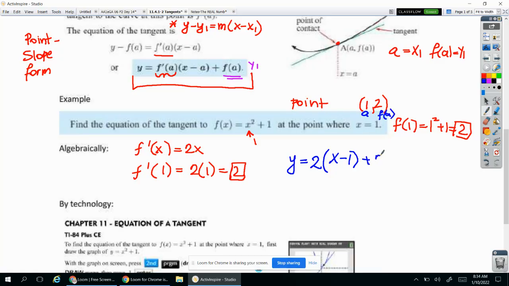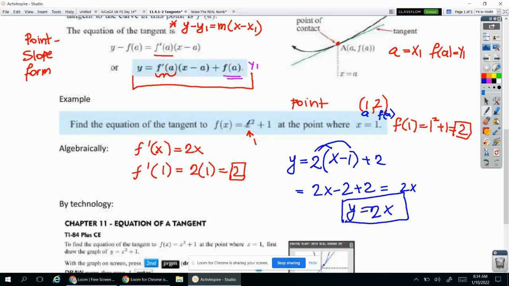So plus 2. Now let's go ahead and simplify this. So I need to distribute. So that's 2x minus 2 plus 2. And when I simplify this, it will be just 2x. So y equals 2x is the equation of the tangent line to the curve f of x equals x squared plus 1 at the point where x equals 1.